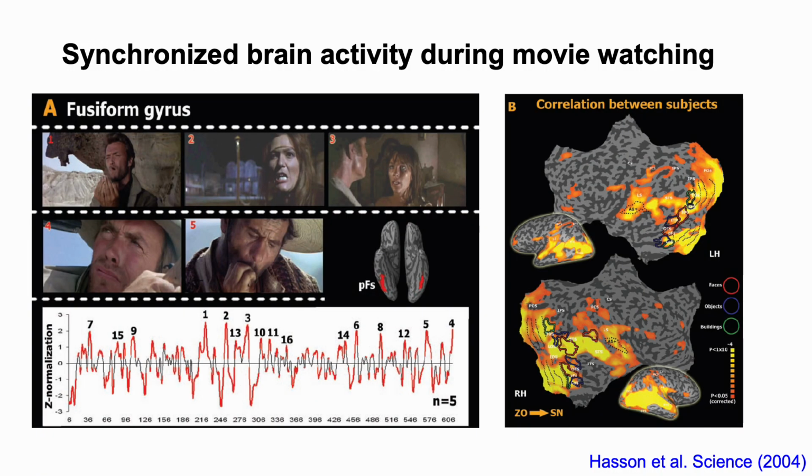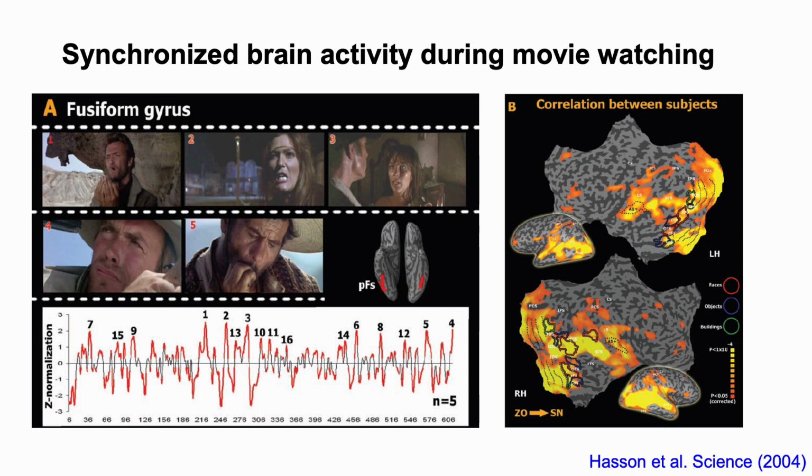Although movie watching as a paradigm was suggested in 2004 by Uri Hasson, which was published in Science, what he had shown was that using this paradigm, you could find activation corresponding to fusiform gyrus.